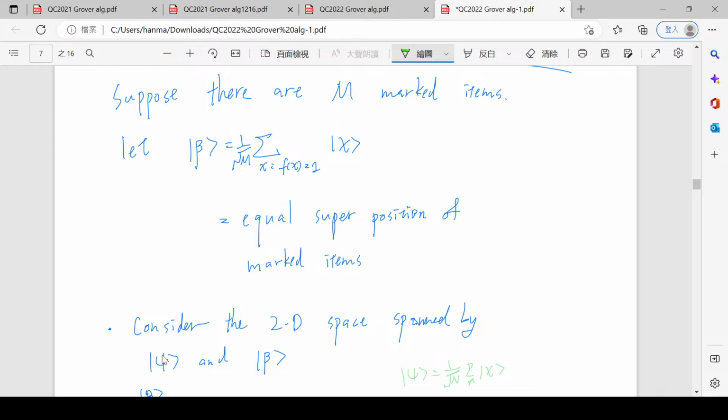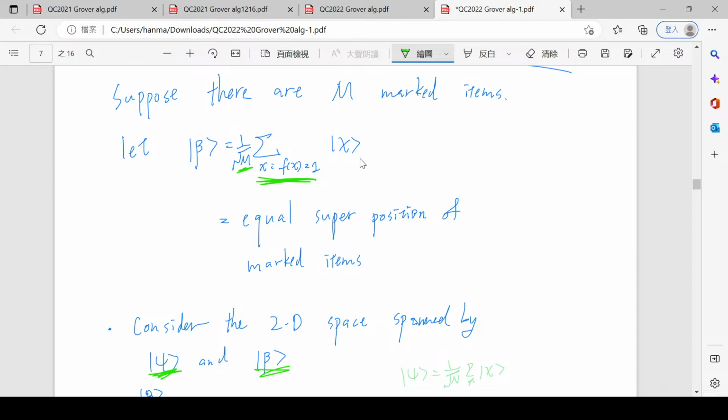The first vector is this psi, the equal superposition of everything, and the second vector is beta, the equal superposition of every marked item, so every x such that f of x equals 1. And as we said, there are n of them.